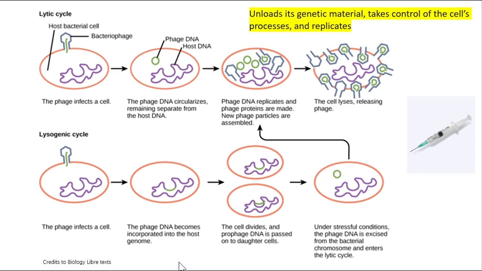And in terms of the lysogenic cycle, the viral genes are incorporated. The first phase is exactly the same as the lytic cycle, and the next step starts to differ. In the lysogenic cycle, the viral genes are incorporated within the host cell's DNA. They're like spies or imposters, and the host cell does not realize that it's already infected by the virus.